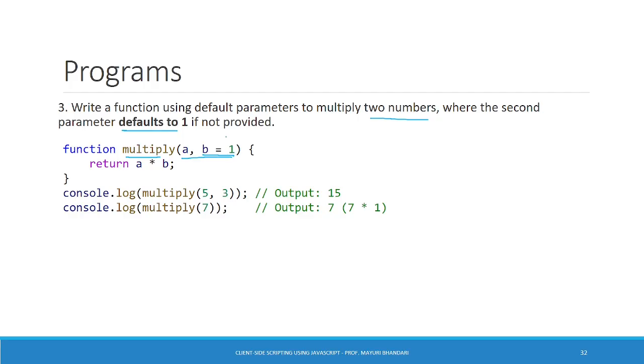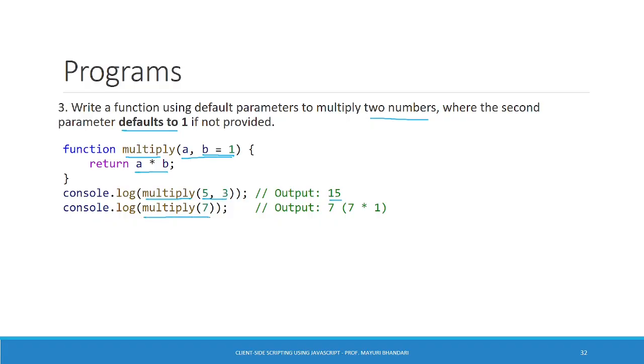So if we don't specify second argument, it will automatically take 1 as its value. From this function we just have to return multiplication of those two numbers, and then we can check its functionality by calling the function. Here we have called function with two arguments, so this default value will be replaced with 3 and it will give you output as 15.